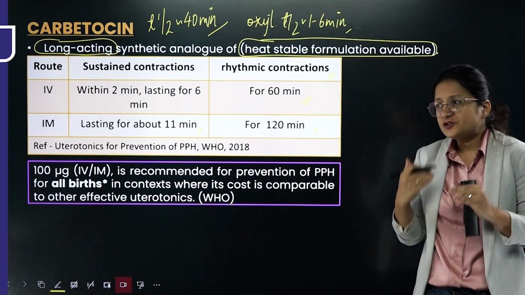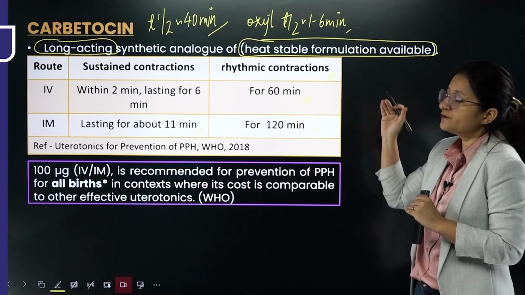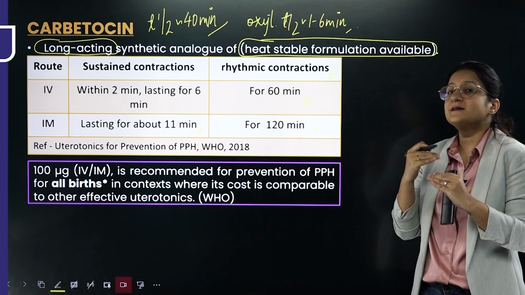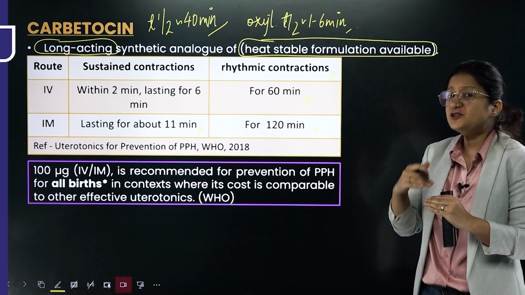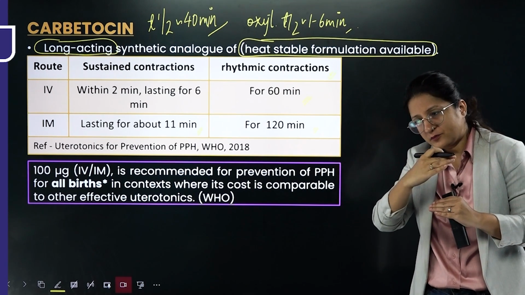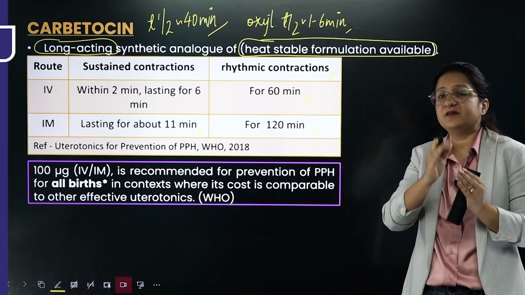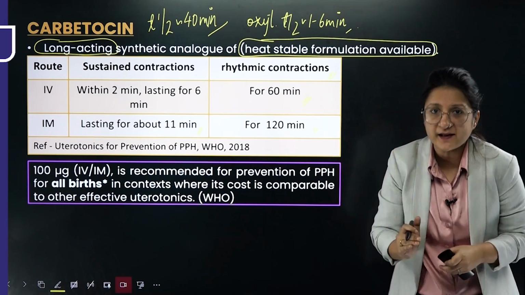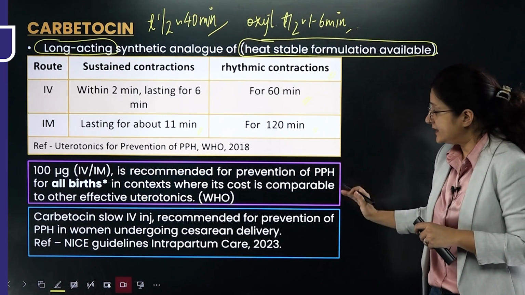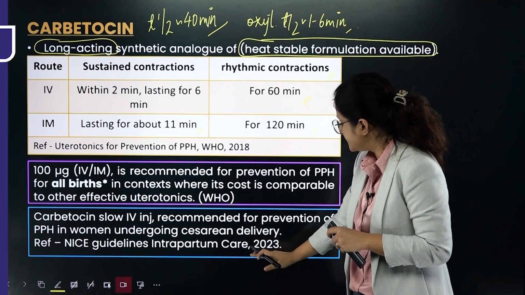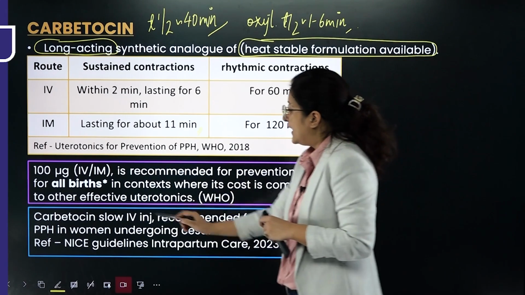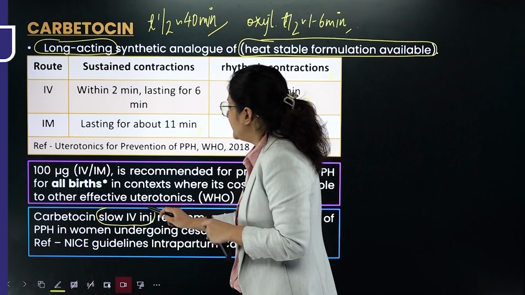So earlier, much of the studies concerning the use of carbetocin were done in patients who had a cesarean section. And much of the evidence was from the utility of carbetocin in preventing PPH in cesarean section patients. So the NICE guidelines, NICE guidelines from Intrapartum Care 2023, they recommend carbetocin as slow IV injection, right?